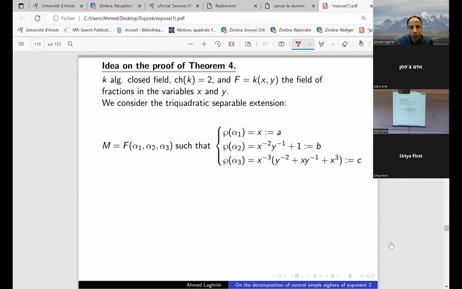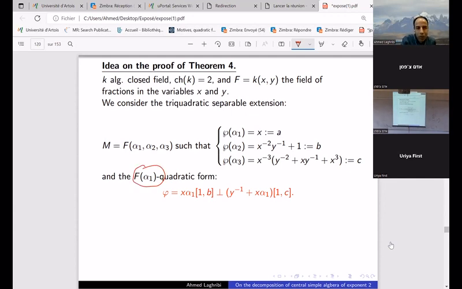And taking inspiration from the proposition that I gave you one minute before, we consider this form over this field. You see here, my beta and my c, I put them here, as in the proposition.